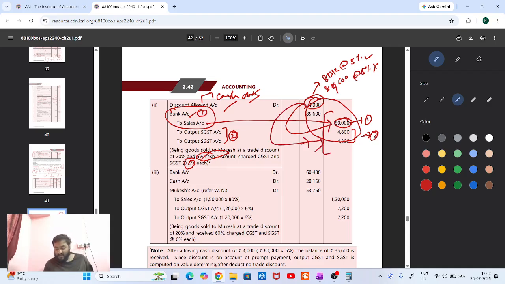Trade discount and cash discount: consider trade discount before GST, and don't reduce GST. Write this.